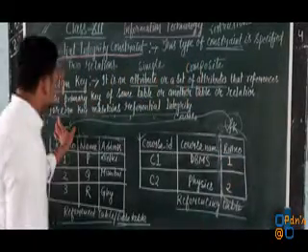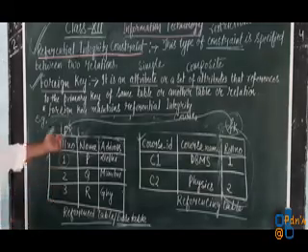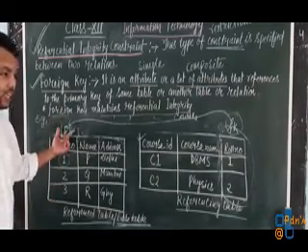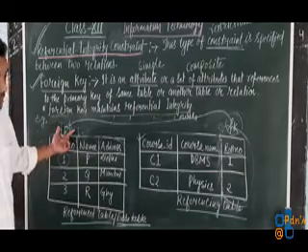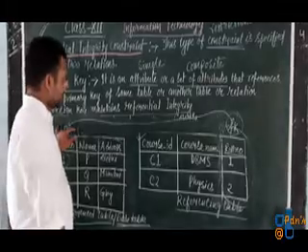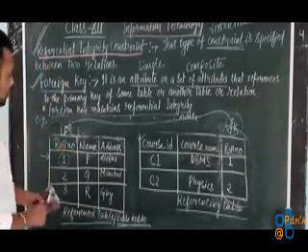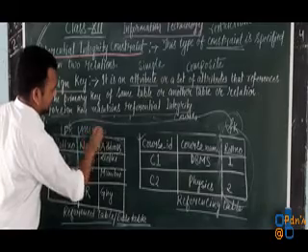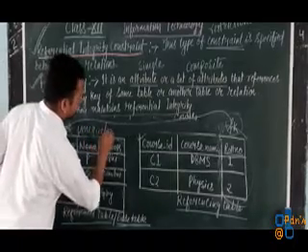In case of primary key, what we have learned is that a primary key cannot be null, it will be unique, and it should not be duplicate.